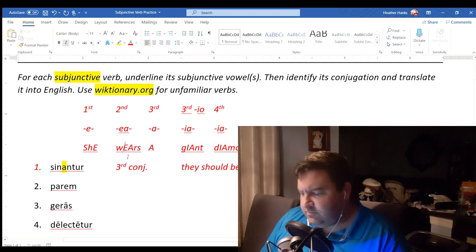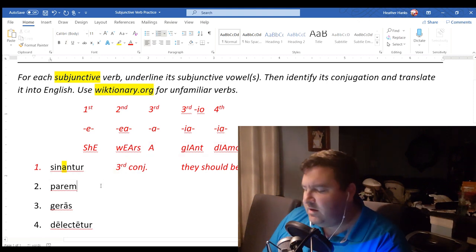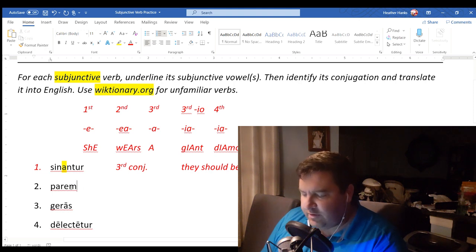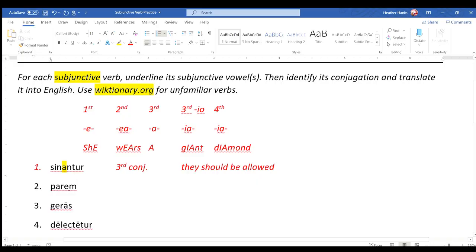Look at number 2. It says parem. I would start at the end and work my way backward. So you have M, that's a personal ending: O or M, S, T, mus, tis, nt. So M is my first person singular ending. What vowel or vowels come right before it?